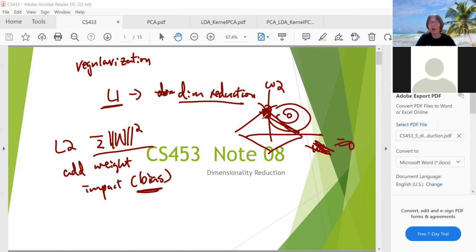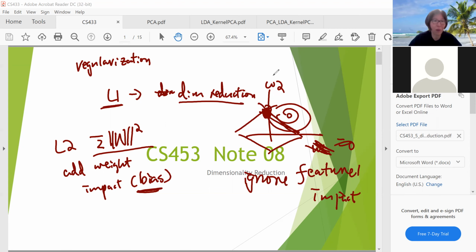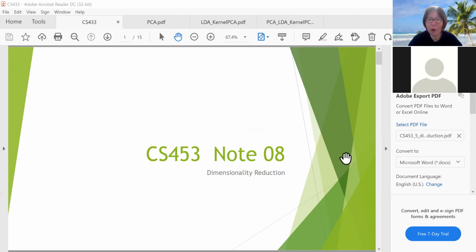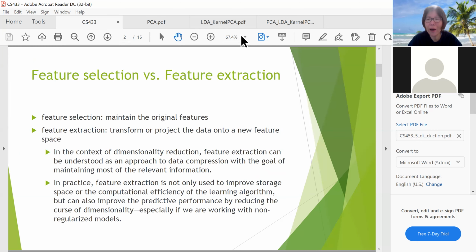So you reduce feature 1's impact, we can ignore that, and then you pick feature 2, okay? So that's also what we already learned. We will learn some new ideas here, okay?